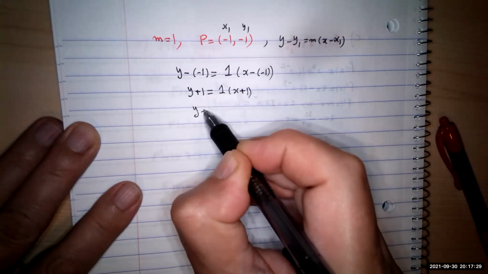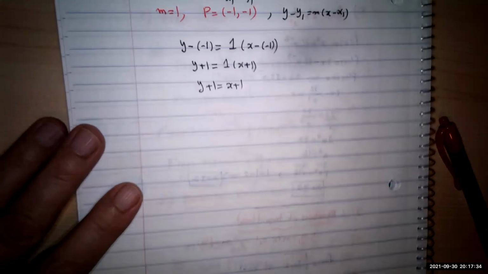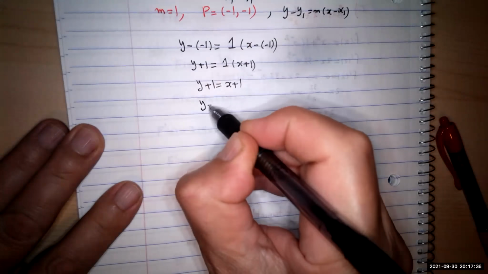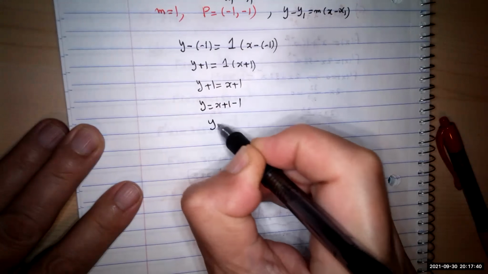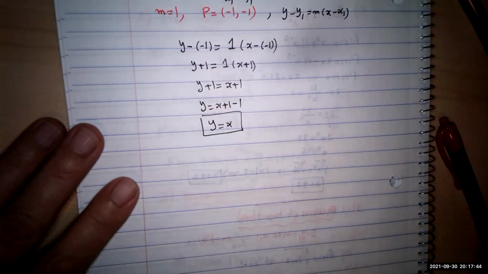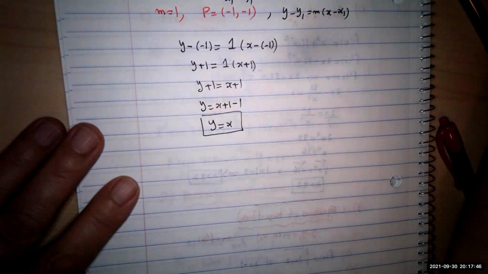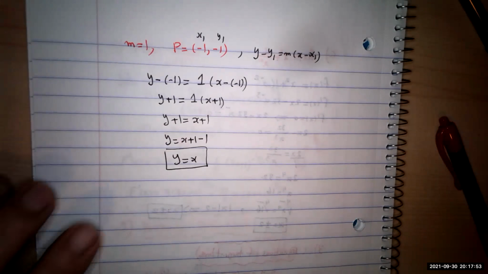So y plus 1 equals x plus 1. You solve for y: x plus 1 minus 1. So y equals x is the equation of the tangent line for the given function. Can you move it up a little bit, please? That is going to be the case.